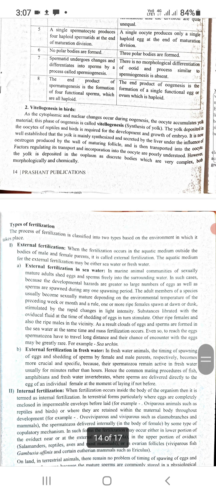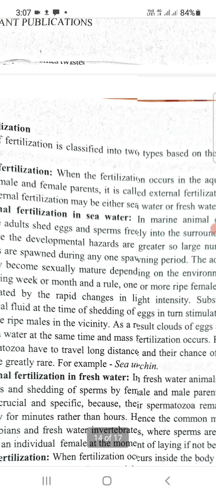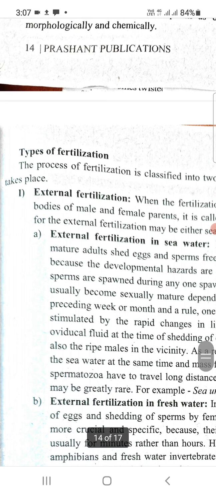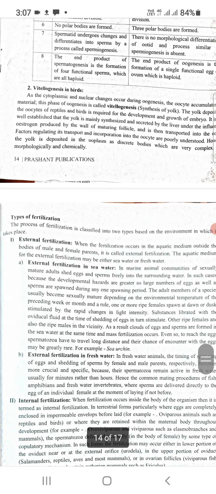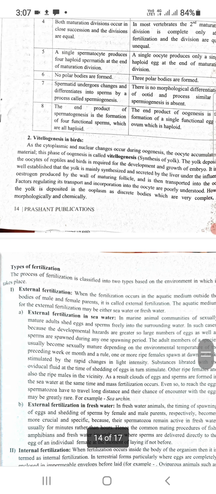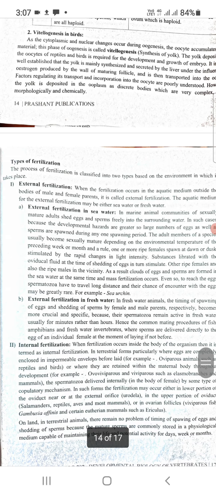The next topic is fertilization. What is meant by fertilization? Fertilization is defined as the union of egg and sperm. Fertilization is of two types: external fertilization and internal fertilization.